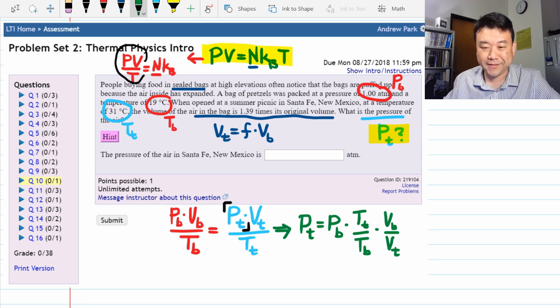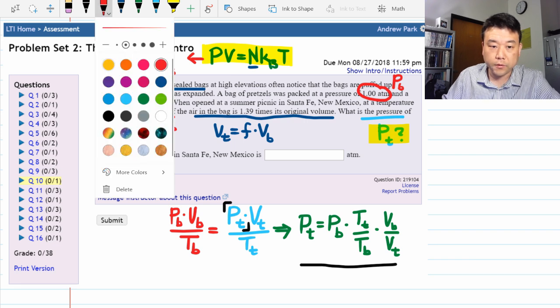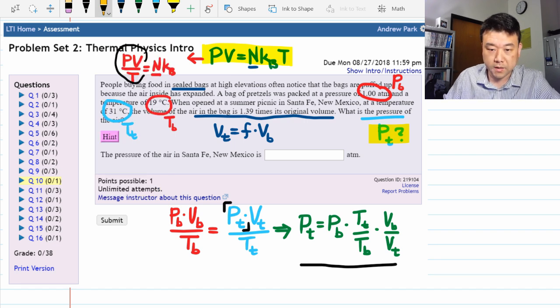I edited the video. So in this expression, now I think you have all the information to plug in. So you're not given the volumes directly, but you can solve for the ratio of volumes from here. So let me solve this as VB over VT.